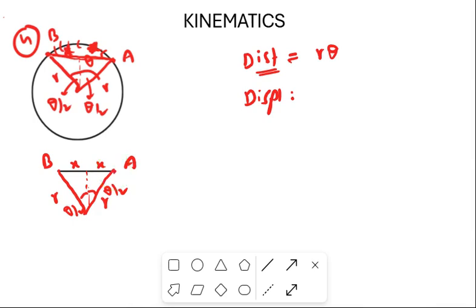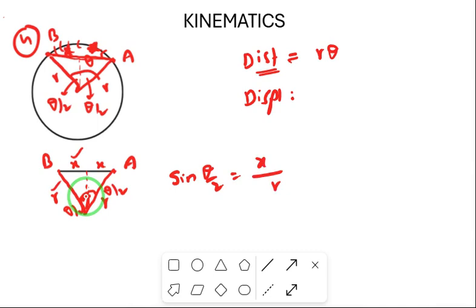At this angle you take sin theta by 2 equal to opposite side by hypotenuse. What is the opposite side here? x. What is the hypotenuse here? r.